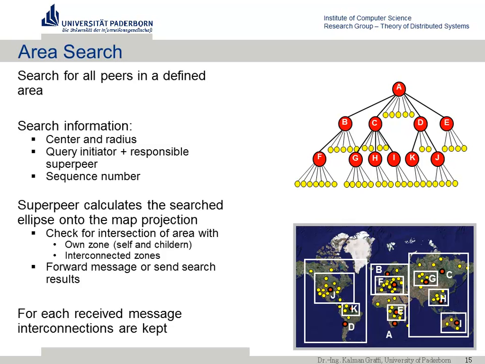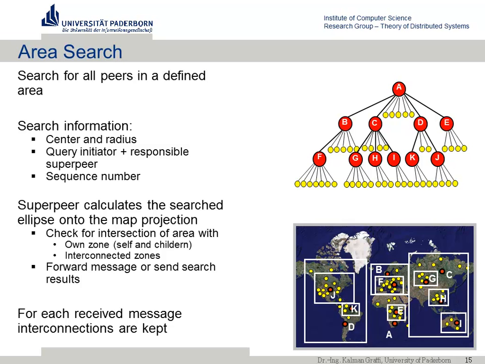What happens then is that the super peer calculates the searched ellipse, because if you map it to the world, you no longer have a center and radius, but a stretched ellipse.